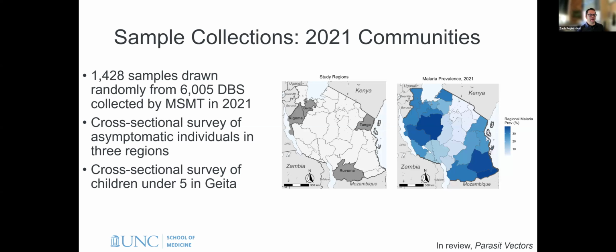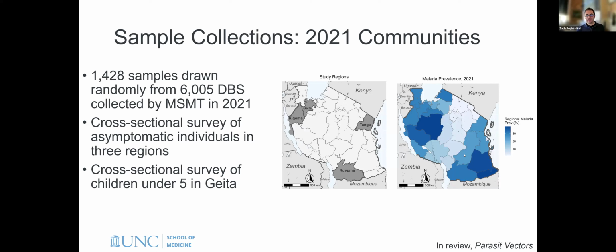We took a subsample of 1,428 samples drawn randomly from about 6,000 dried blood spots collected in 2021. In 3 regions, Kigoma, Tonga, and Ruvuma, we did these household surveys of asymptomatic individuals. In addition, we're also incorporating data from a separate study of children under 5 in Geita region.